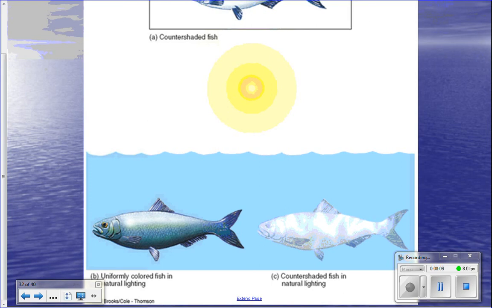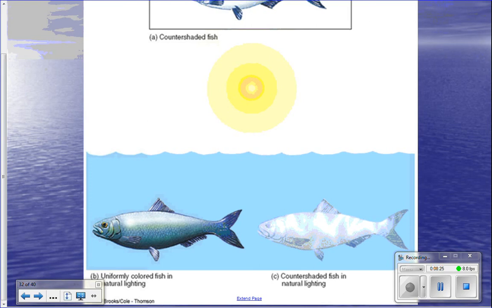If you take a counter-shaded fish and you stick it in the water, this on the right is what happens. It has a dark dorsal side, so it helps to protect it from above, but also when that light hits that dark dorsal side and makes it look brighter, okay, that's fine, right? That's good, okay?